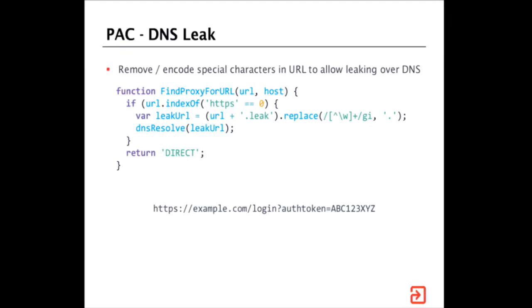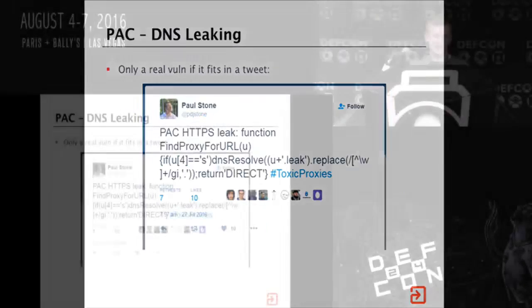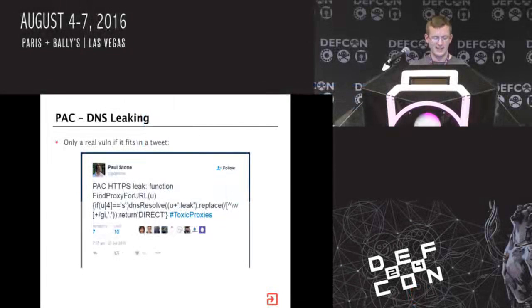For example, we have a sensitive URL there with a nice auth token in. The script will convert it into this string and then do a DNS lookup. The attacker receives this sensitive token back at their DNS server. So that's the attack. And of course, if it can't fit in a tweet, then it's not a real vulnerability, and it fits very nicely into a tweet there.